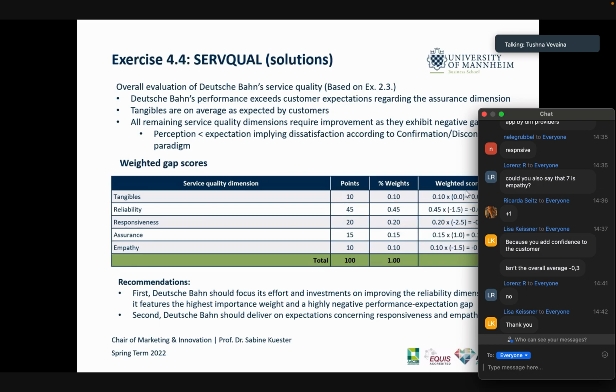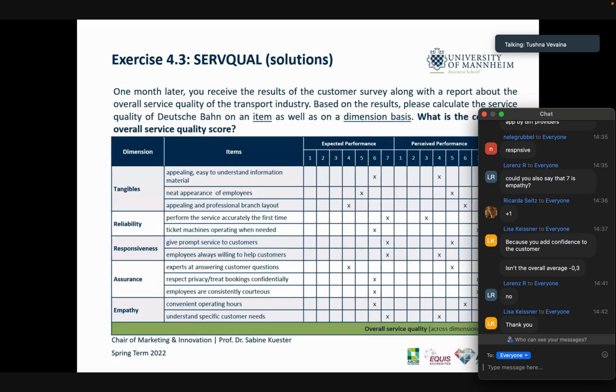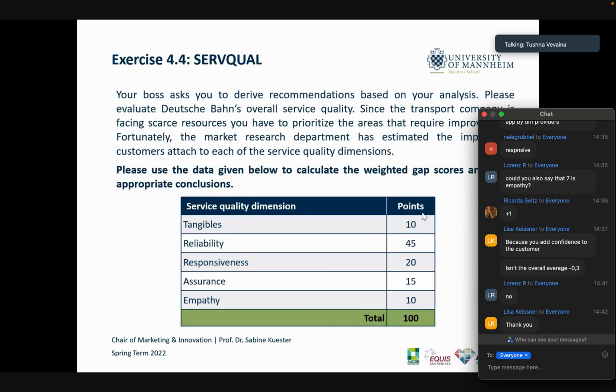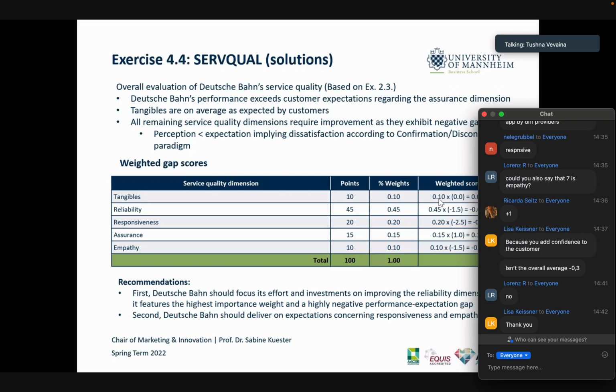And these in the brackets, these scores we got from our average gaps. And when we multiply it, we come up with 0.1 into 0, 0, 0.45 into negative 1.5, negative 0.675. And this way we come up with the weighted score for each of the dimensions.